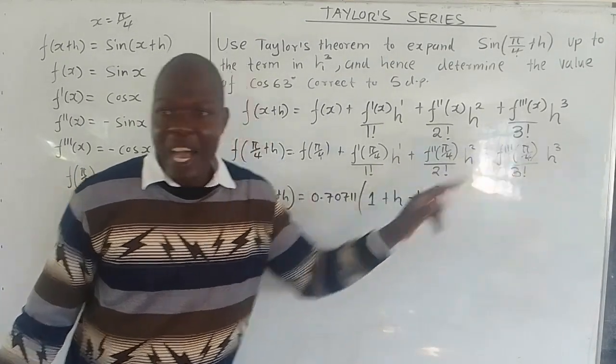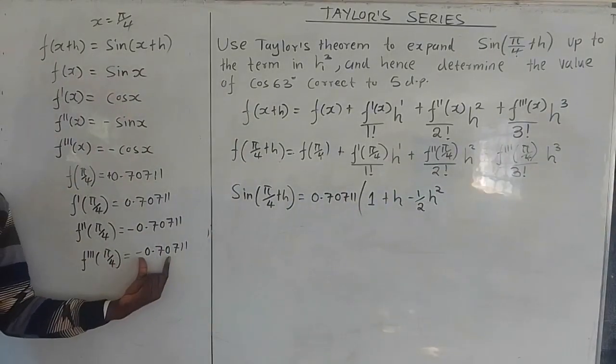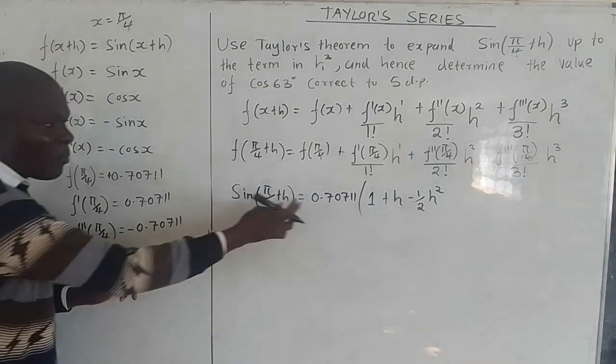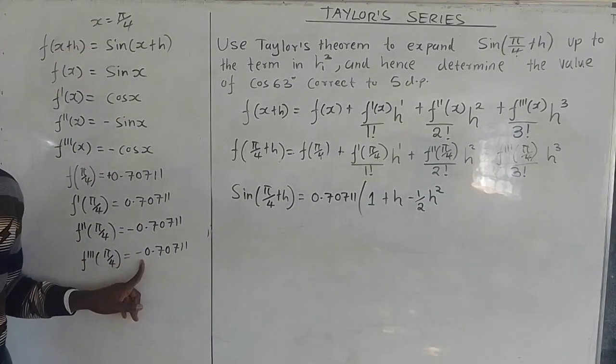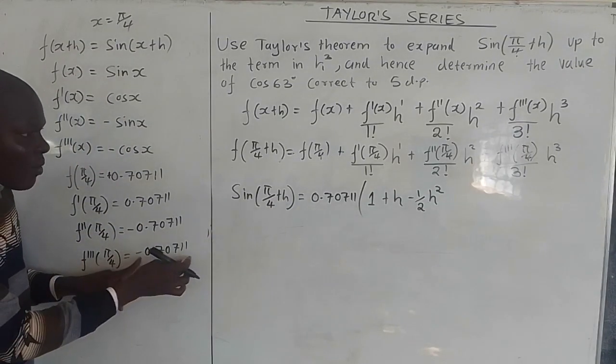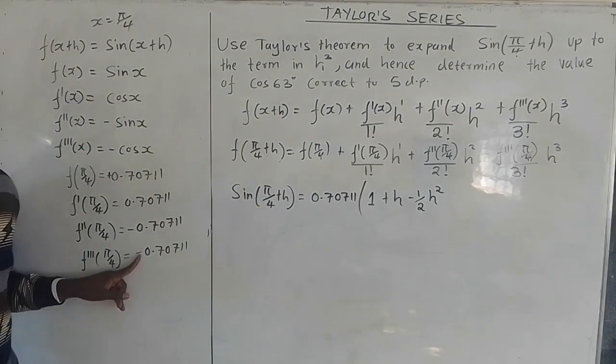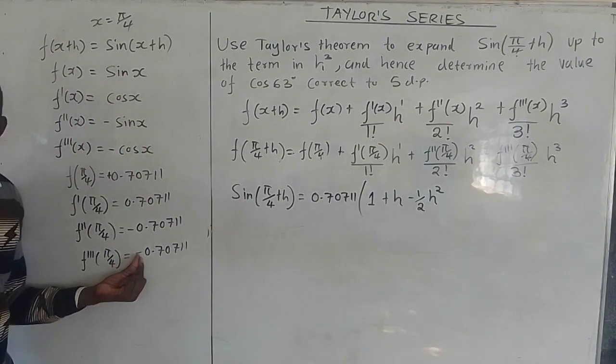F triple prime of pi over 4, what did you get? Negative 0.70711. But you factorize it outside, meaning the negative is what goes inside. Because this 0.70711 is a common factor for all of them, what goes inside is this negative only, isn't it?